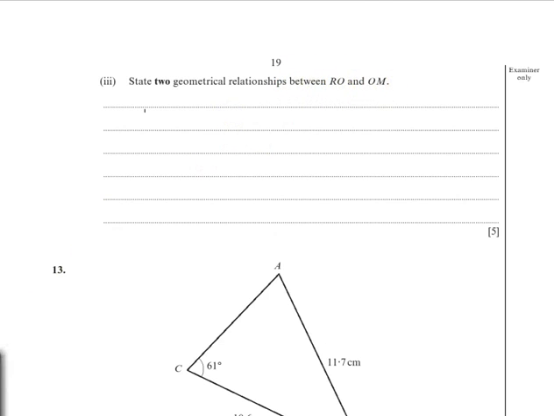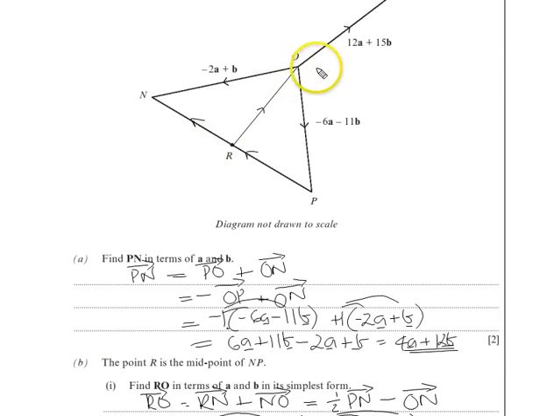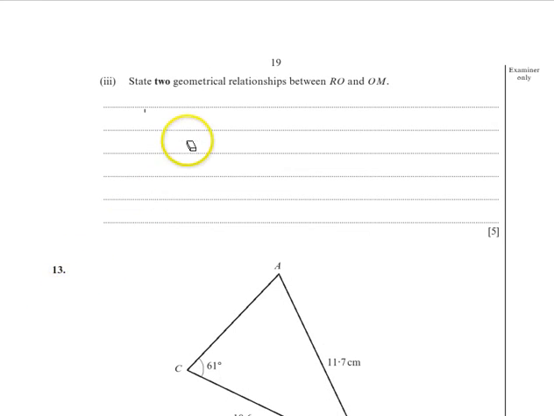So let's look back. RO and OM. Yep. R to O and O to M. Good. They're parallel, and they form a straight line. So RO is parallel to OM, and they form a straight line.